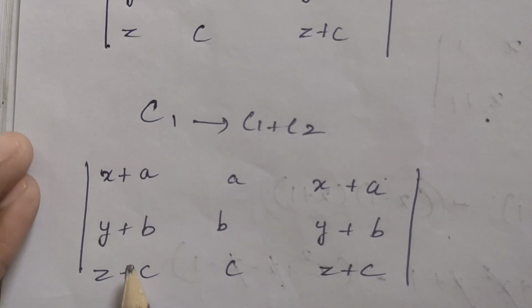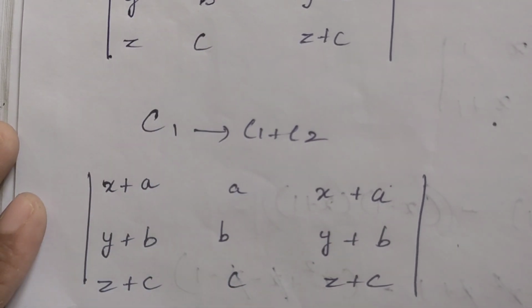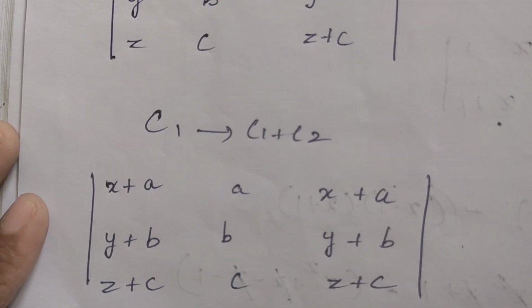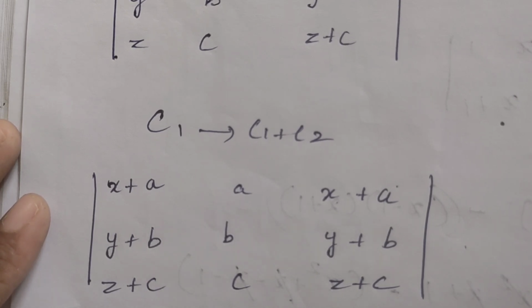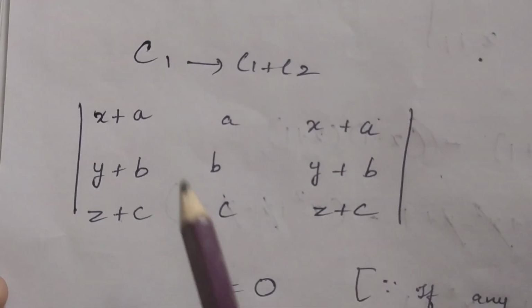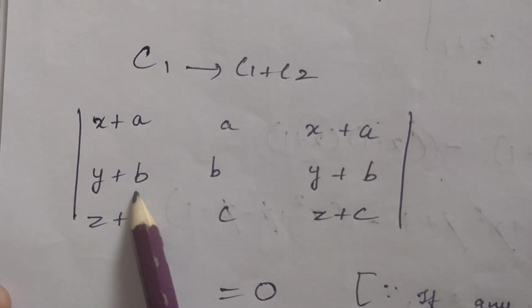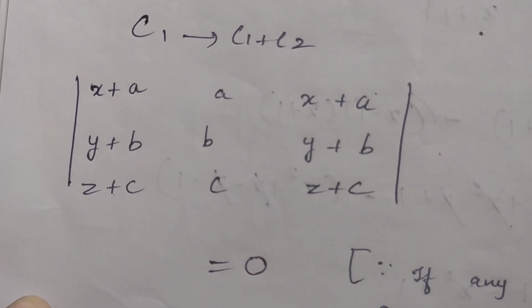This is one of the properties. When two rows or two columns are added, there won't be any change in the determinant value. So I'm just adding it. The first column and the third column are similar. Therefore, the determinant value is equal to 0 by the property.